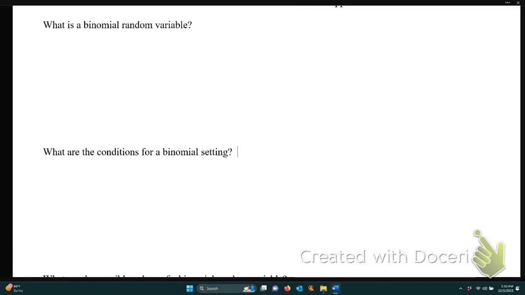So, what is a binomial random variable? It is a random variable. By the way, side note, what are the two types of random variables we have discussed in this chapter? Discrete and continuous.